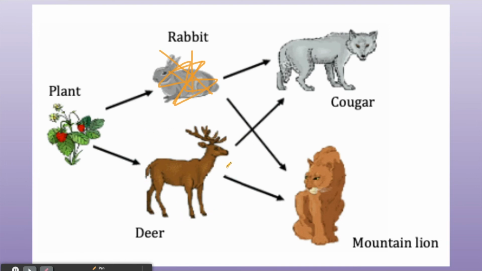And when there are not enough deer, they really won't have that many options. If there were no rabbits, these animals would be fighting to get the deer. The amount of cougars will decrease, as will the amount of mountain lions and the amount of deer. See, when one organism disappears in a food web, all the organisms are affected because there is not enough food to go around.